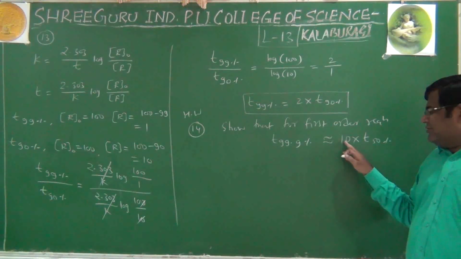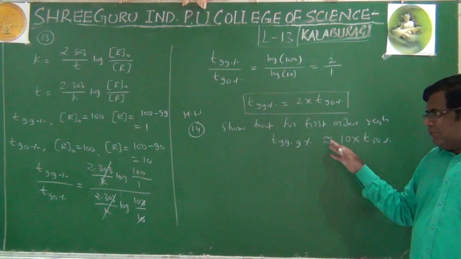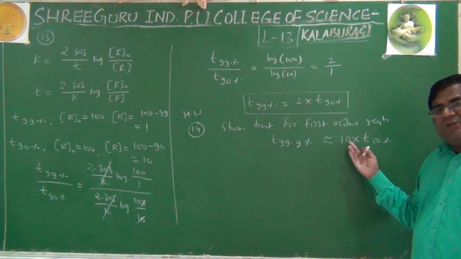Approximately means it should be about 9.99, so you don't have much liberty to get a different answer. It should be near 10.